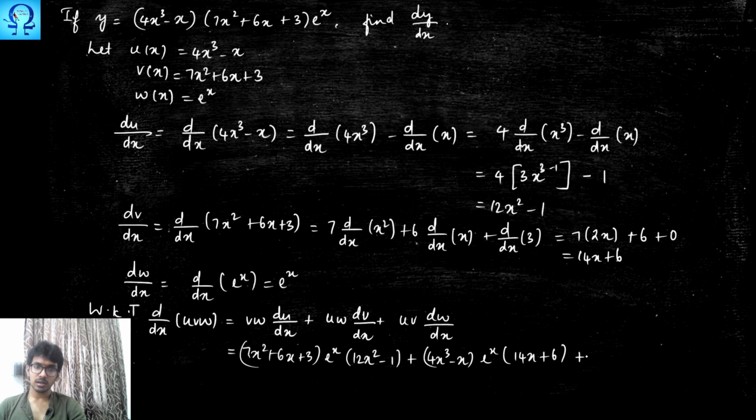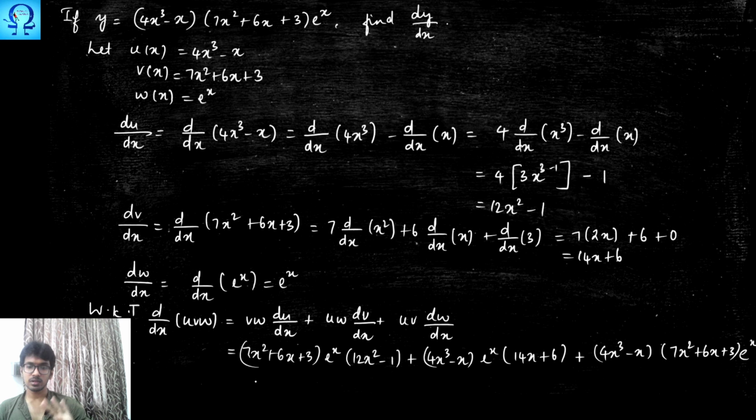Okay, and you have uv as it is, so 4x cube minus x, and this is going to be 7x squared plus 6x plus 3, and dw upon dx is e power x. So this is e power x.